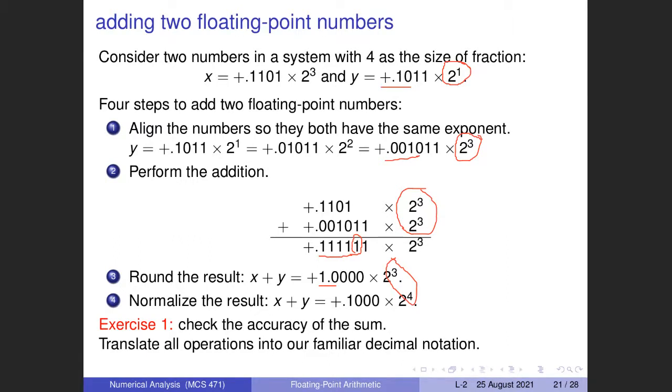So this is a critical slide. What I actually want you to do in the first exercise is that you translate all the operations into our familiar decimal notation. What is the number x in decimal? What is the number y in decimal? And you can see that I can actually say as part of the answer already, we get the number 8 out of it.